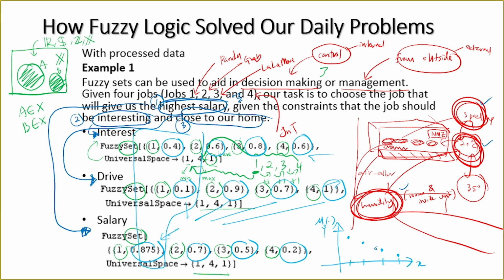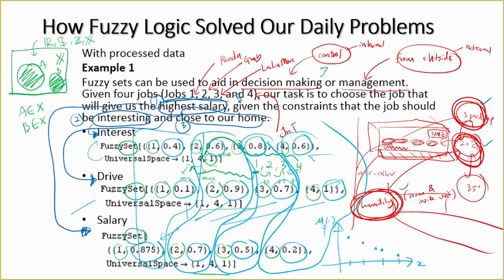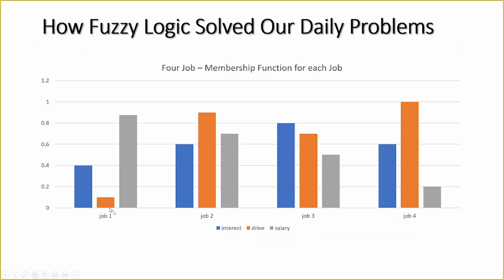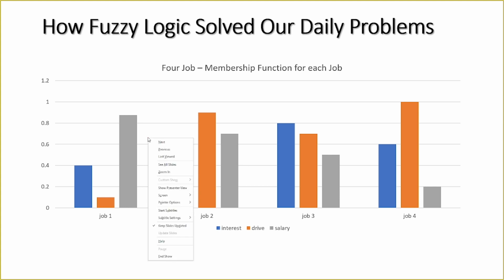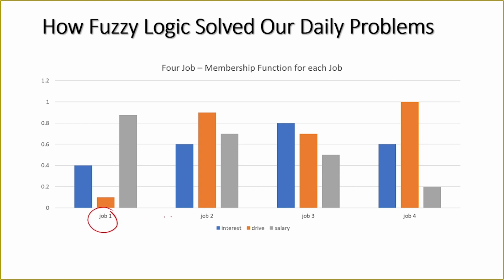Job 1, job 2, job 3, job 4. Each particular job, 1, 2, 3, 4, is basically portrayed by this graph over here. Now is job number 1, job number 2, job number 3, job number 4, right?